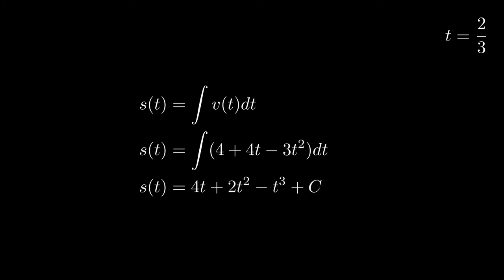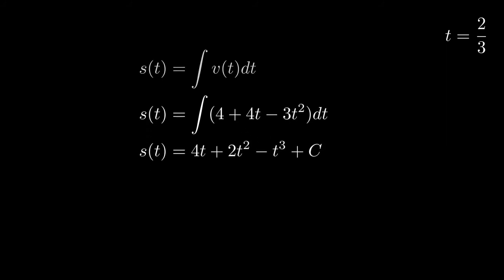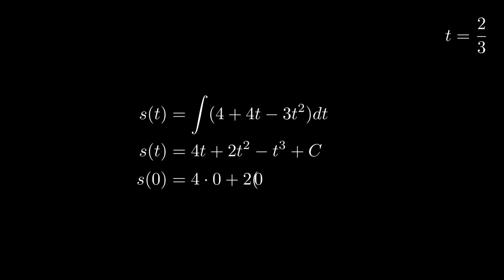All right. And so to get the final expression for the distance, we need to solve for c. So we put 0 in for t, so all those pieces with t are zeroed out. We're left with only c.